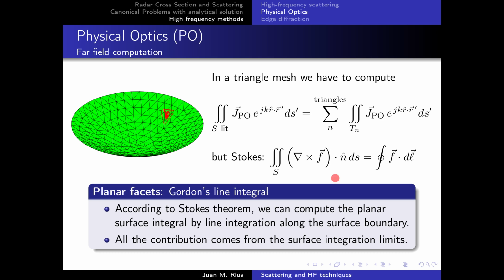What is important is that after applying Stokes theorem and integrating only on the edges, it shows that the contribution for planar facets comes really from the boundary of the facet, that is from the surface integration limits.